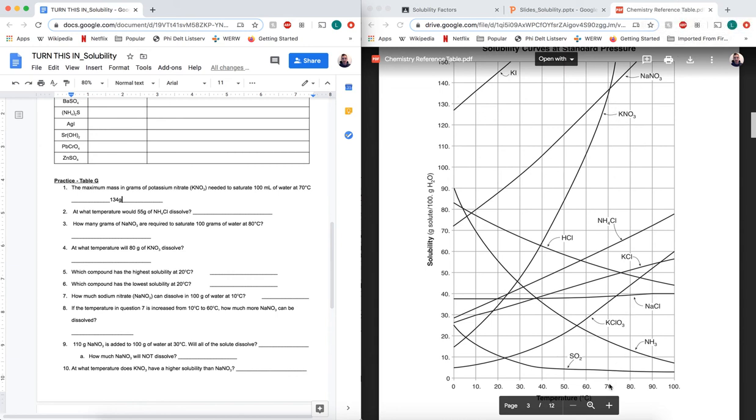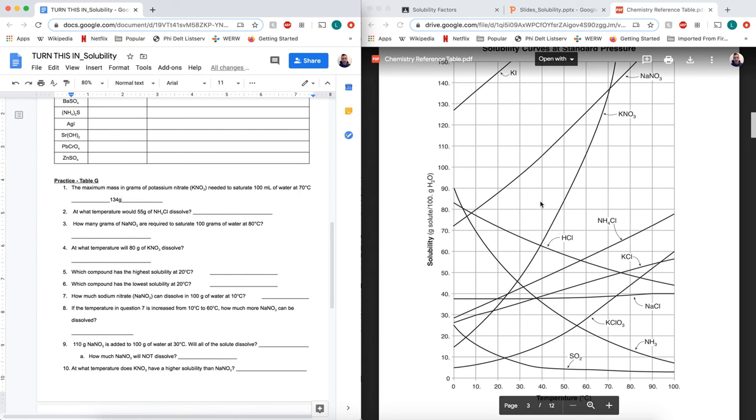So for instance, if we have our water at 70 degrees, we have 134 grams of potassium nitrate in there, and then we take that solution and we cool it down, and the temperature drops to 40 degrees. Now, the saturation point is only about 65.